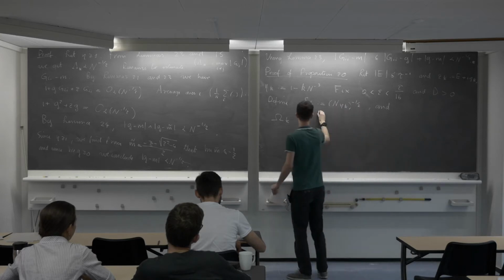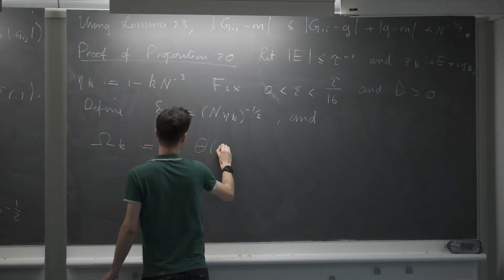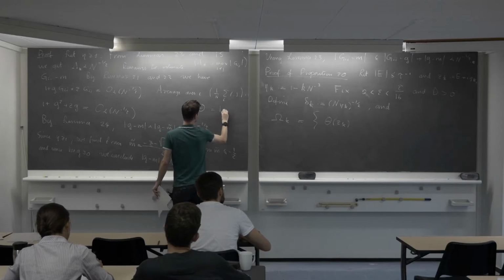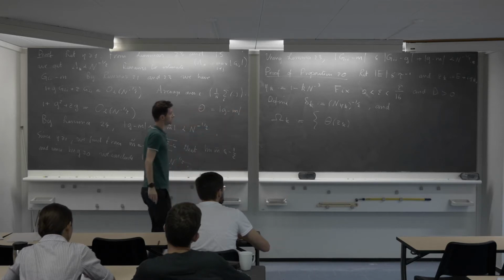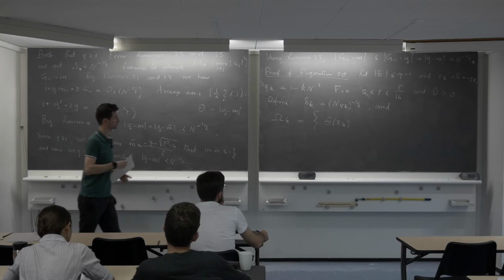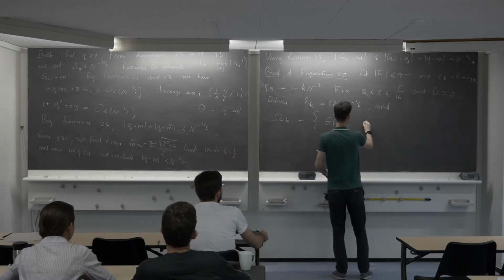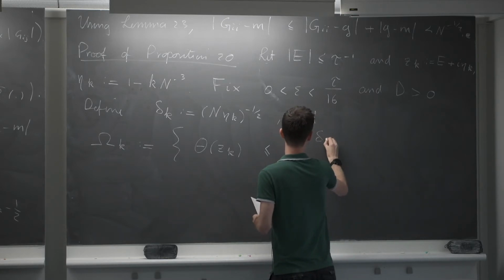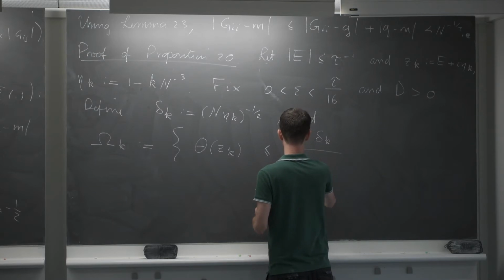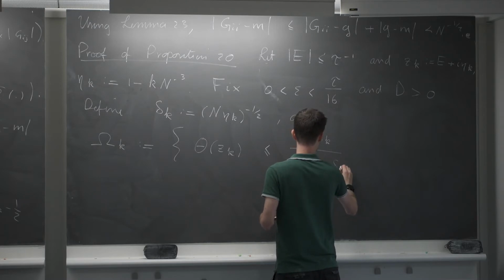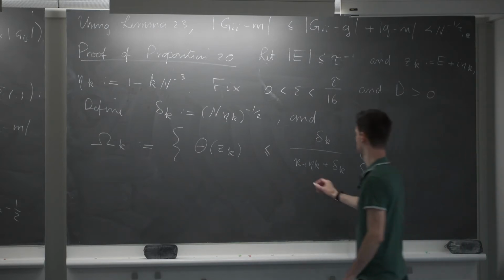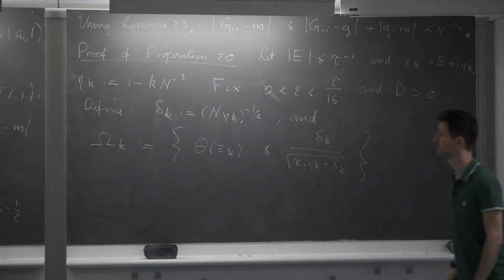And this event is the event that theta, if you recall, theta was equal to g minus m. So this was the quantity we were estimating, for example, in this argument. So these are good events. So these are events which I would like to show hold with high probability. And this is precisely the error bound that I get from this lemma.